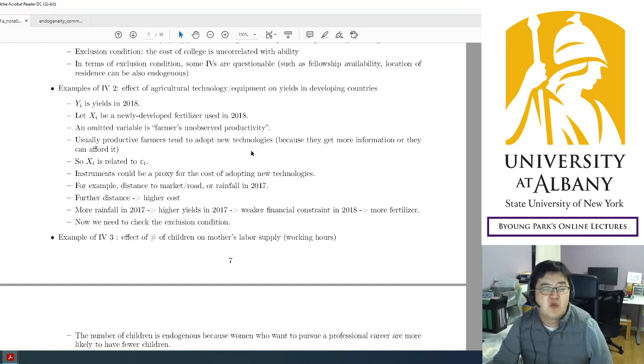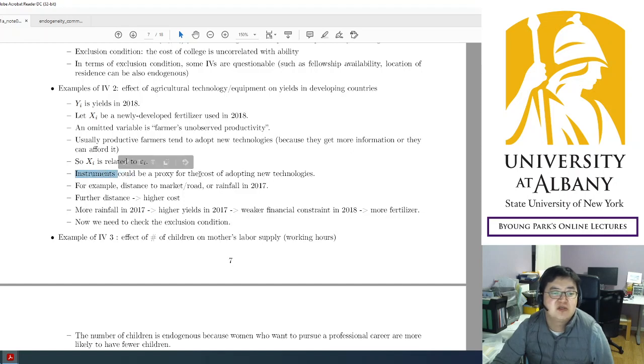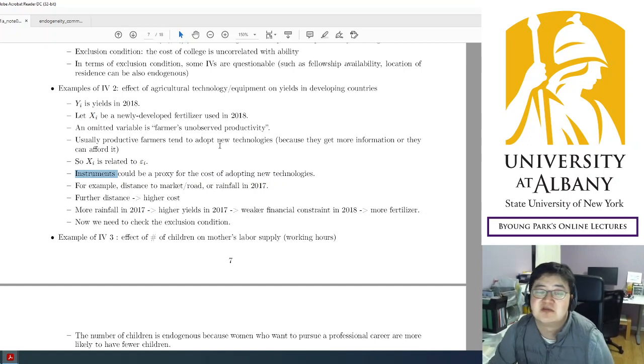So then what can we do? I used this example in my job market paper, and the instrument I used was the cost of buying fertilizers, right?